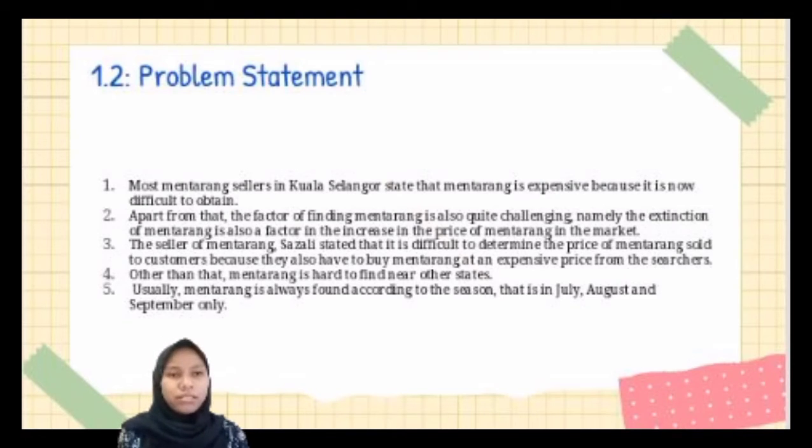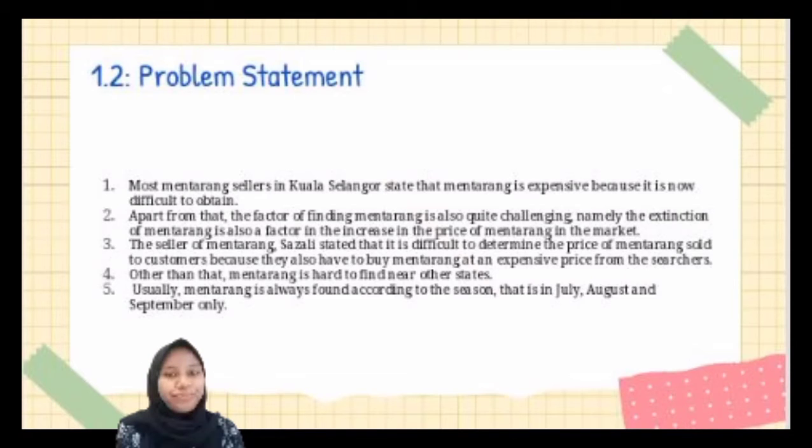Apart from that, finding mentarang is also quite a challenge, namely the extinction of mentarang is also a factor in the increase in the price of mentarang in the market.